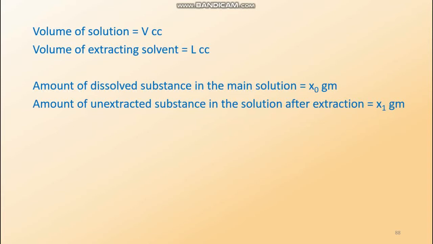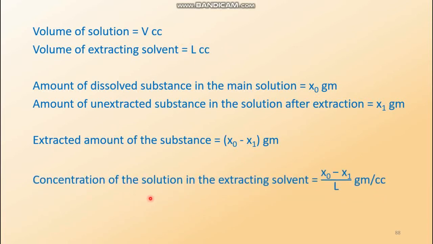So the unextracted substance in the solution after extraction is x1 gram. What is the amount of extraction? The extracted amount is the difference of these two: the amount present before extraction minus the amount present after extraction. So x0 minus x1 gram of the solute is extracted by L cc of solvent.